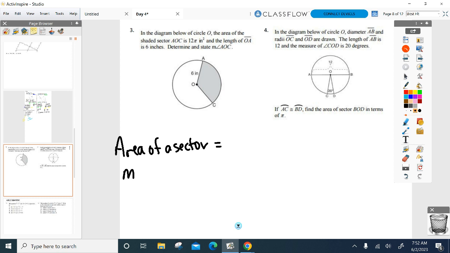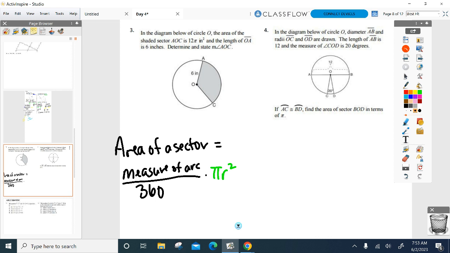Instead, though, you're still going to do measure of arc over 360. But instead of multiplying it by the circumference, you multiply it by the area of a circle, pi r squared. And there's only one formula for that. I haven't seen a problem use radians at all for area of a sector.